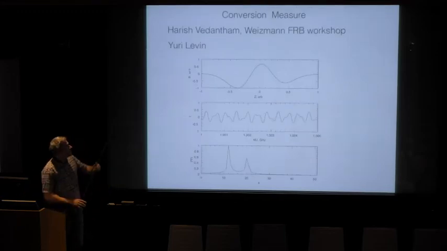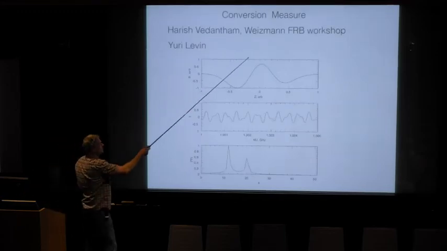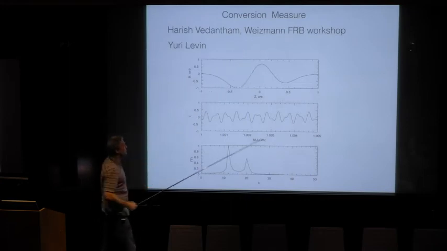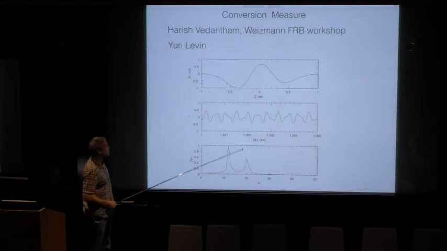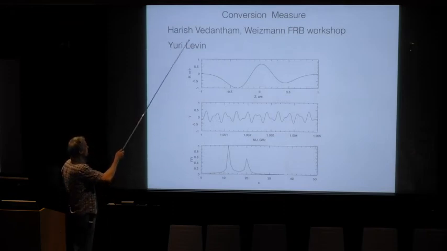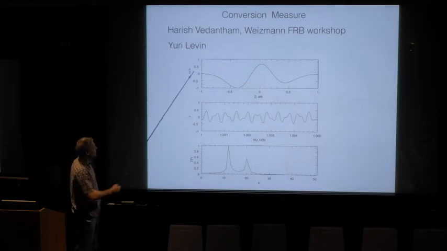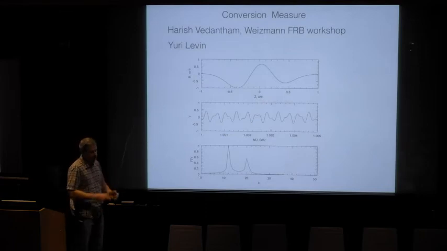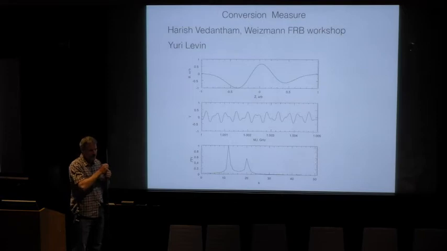So for me, the conversion measure story started during a wonderful FRB Weizmann workshop 1 year ago. And there, my hero, Harish Vedantam, gave a talk about conversion. This was the first time I heard about Faraday conversion.